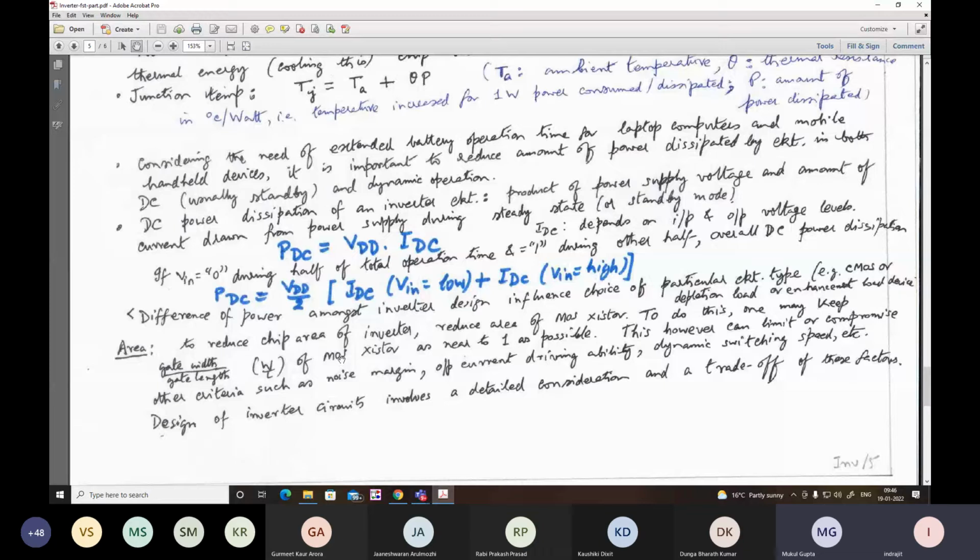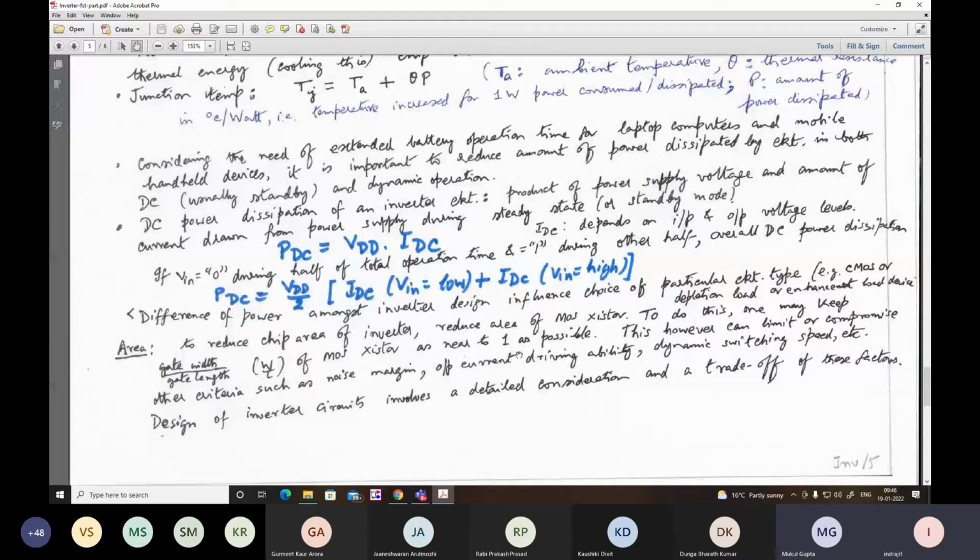So this, however, can limit or compromise other criteria. If you have to keep W minimum, then the desired noise margin may not be achieved. Also, the output current driving ability may not be achieved. The output current may need to be of some certain minimum value so that the propagation delay can be limited.